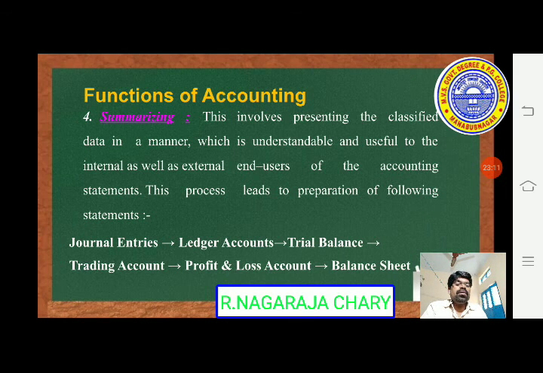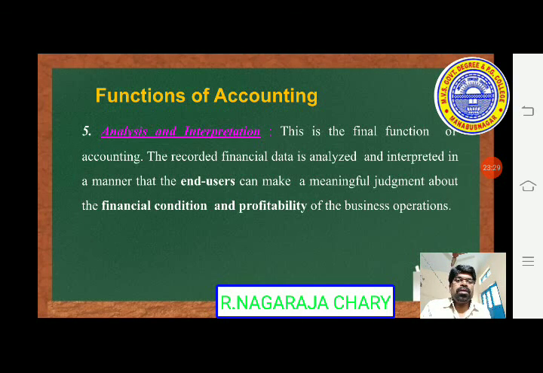Next, the final and last one, the balance sheet. The balance sheet gives us the financial position of the organization.